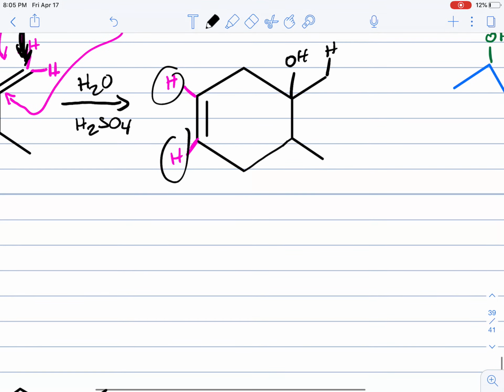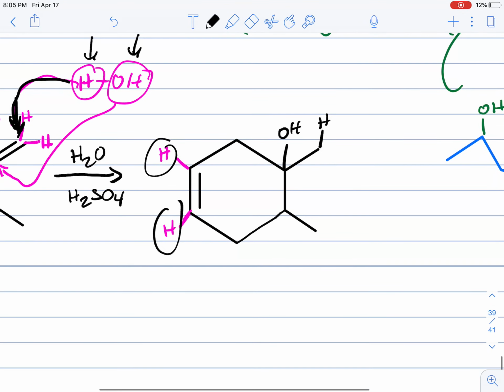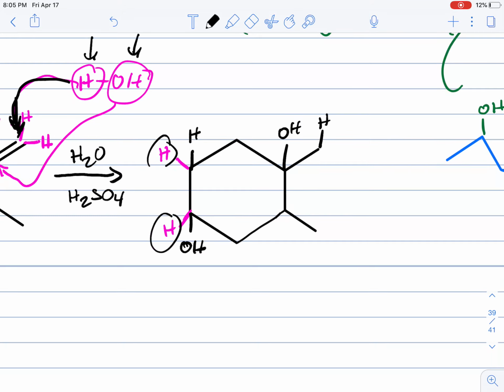Actually, there's going to be 2 products this time because this molecule is not symmetrical. And so what you're going to do is erase that double bond. And for the first possible answer, I'm going to put the hydrogen up and the OH down, since they both have 1 hydrogen and 1 hydrogen.